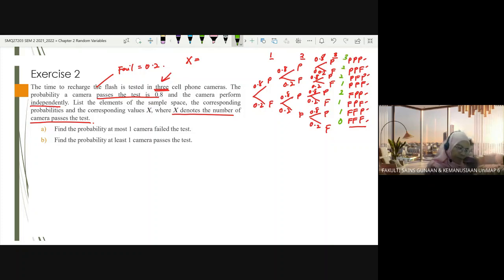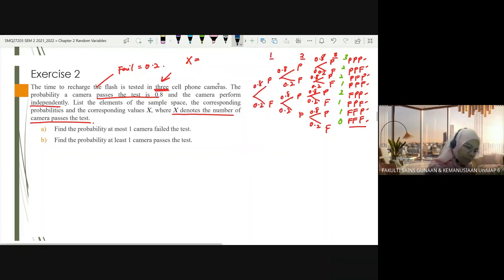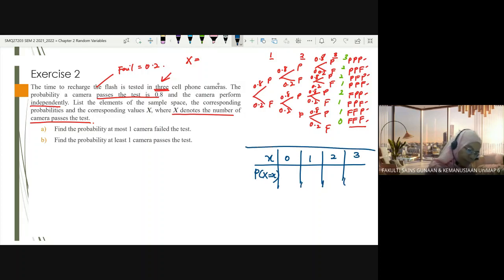So your X is 0, 1, 2, 3. Now find the probability of each of these values of the distribution.